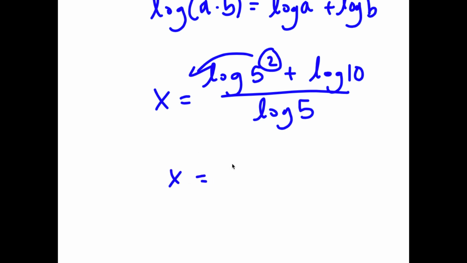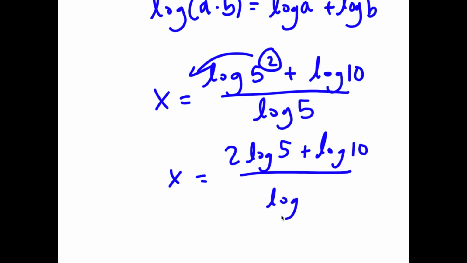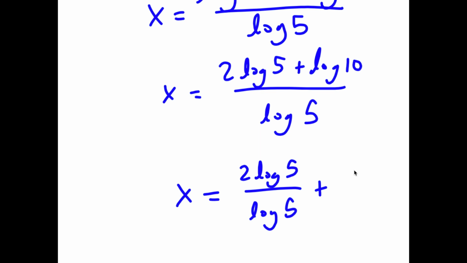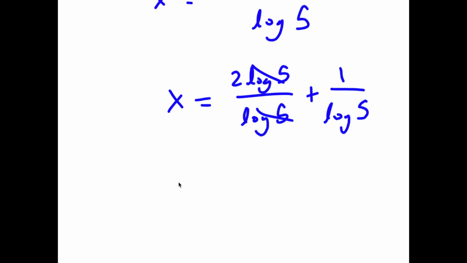So now I have x is equal to 2 log 5 plus log 10 over log 5. And log 10 is equal to 1. So I have x is equal to 2 log 5 over log 5 plus 1 over log 5. These two cancel out, so I get x is equal to 2 plus 1 over log 5.